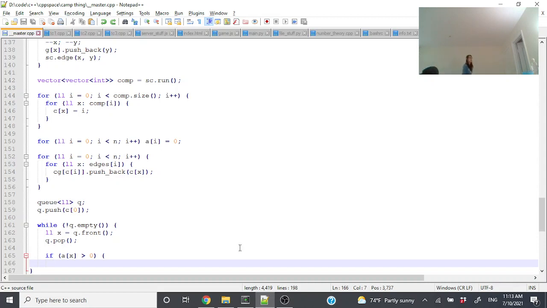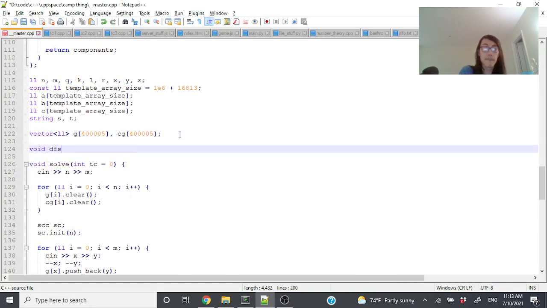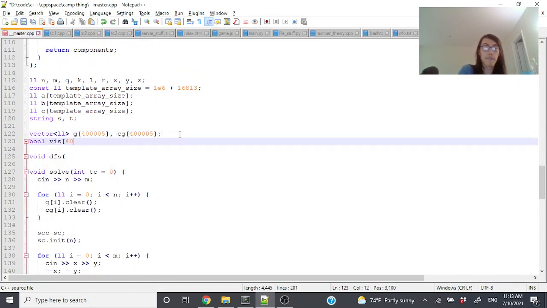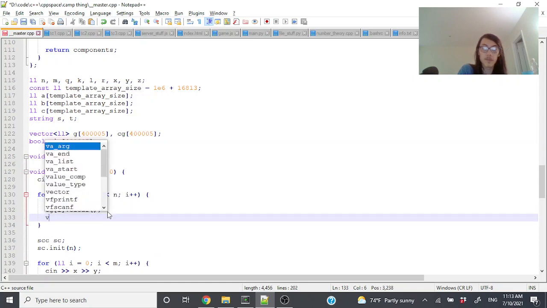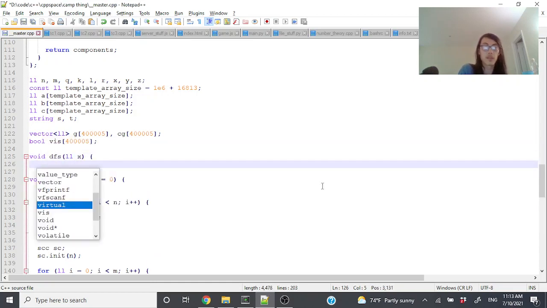Only considering that this is reachable from 1, right? Yeah, okay. This side is equal to 0. Lx, this x.